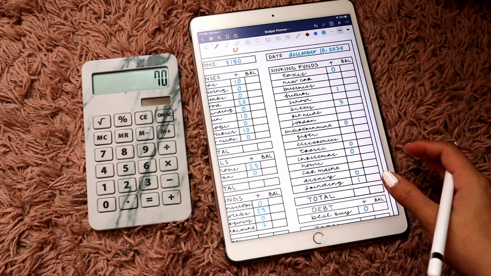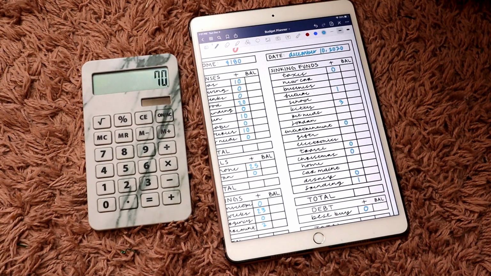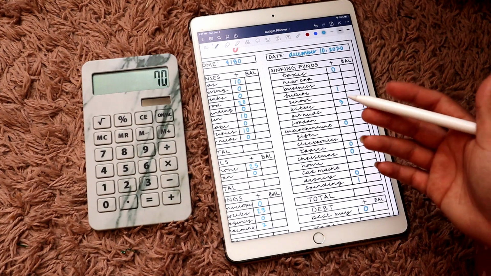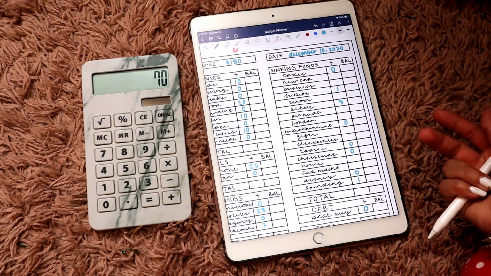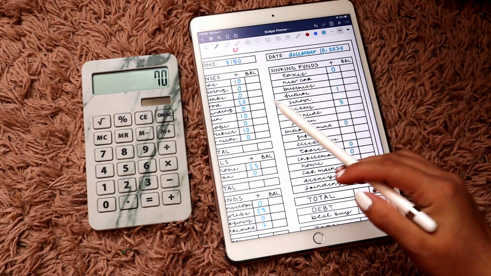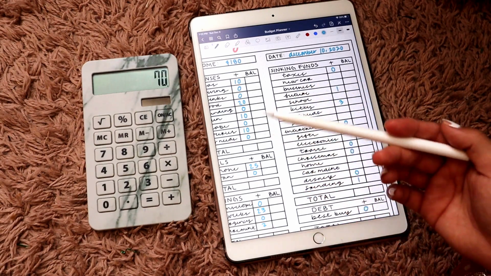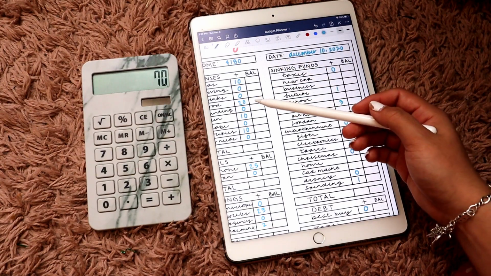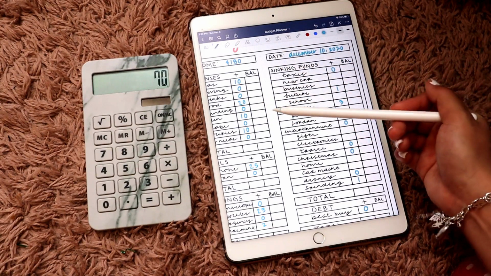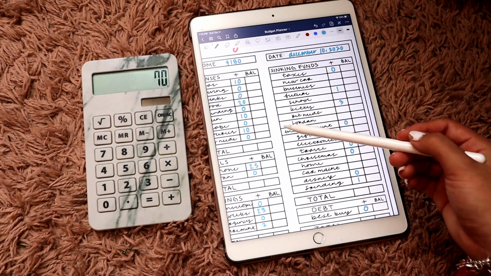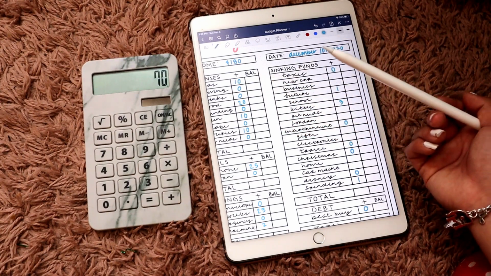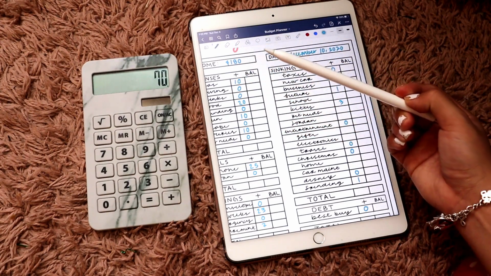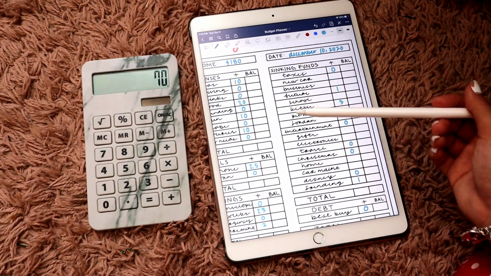So next what we're going to go ahead and do is just go through, and a lot of people ask how I figure out how much money I put into what sinking funds. When it comes to expenses, you kind of just have to go based on how you spend. I know I spend more on food, so I want to put more there and less in my actual spending envelope. And I know that my car fills up with $20, so I put 10 and my boyfriend puts 10, so that's just what works for us.